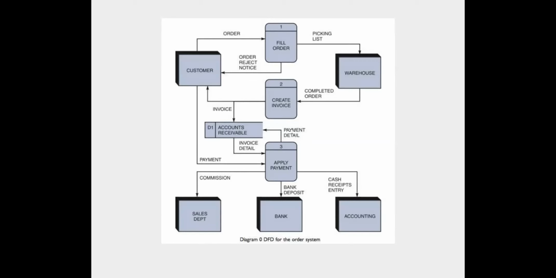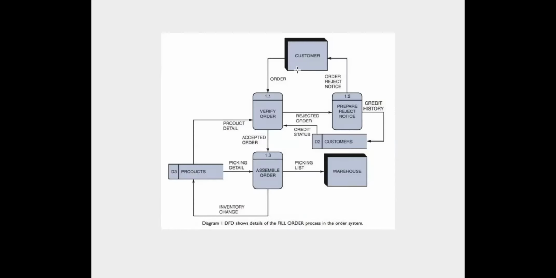If you want to go further, let's say this is level 0. If you want to go into more detail, then the numbering changes slightly. For example, let's say we want to create a set of processes to understand what is happening during the fill order.